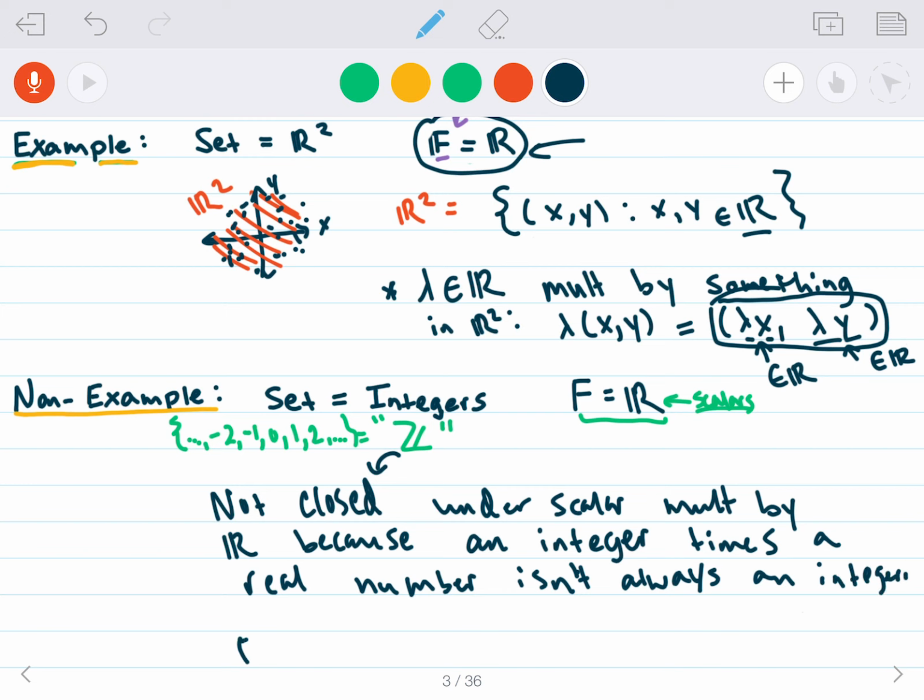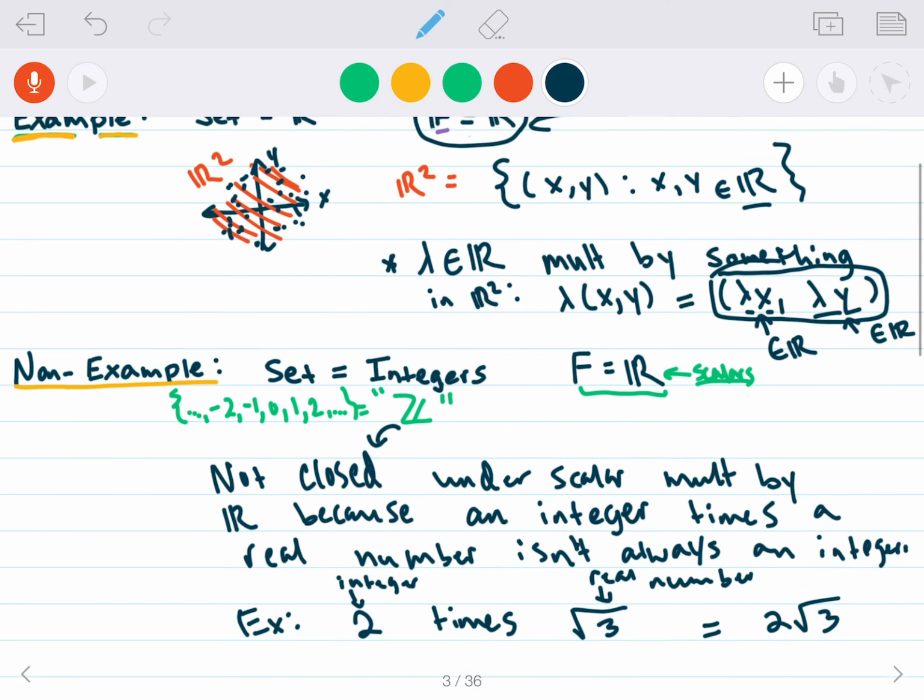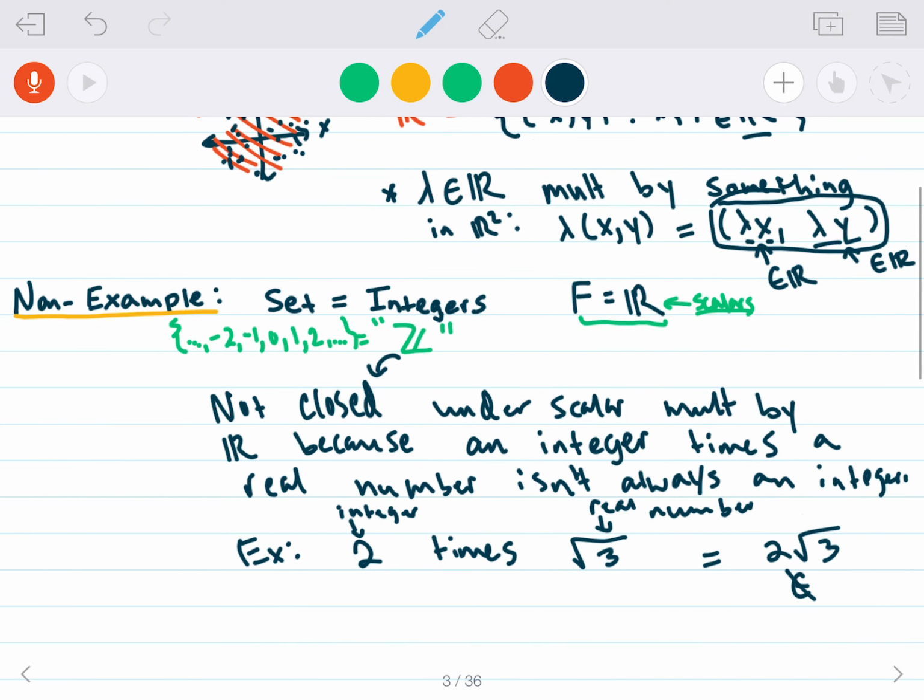For example, how about 2, which is an integer, times square root of 3, a real number, is equal to 2 square roots of 3, which is not in the integers. So the integers, using scalars from the reals, are not closed under scalar multiplication. Okay, so that's the idea of closure under vector addition and scalar multiplication.